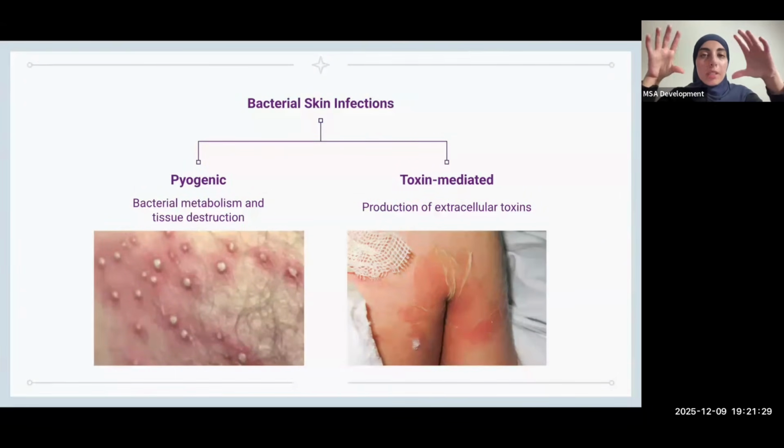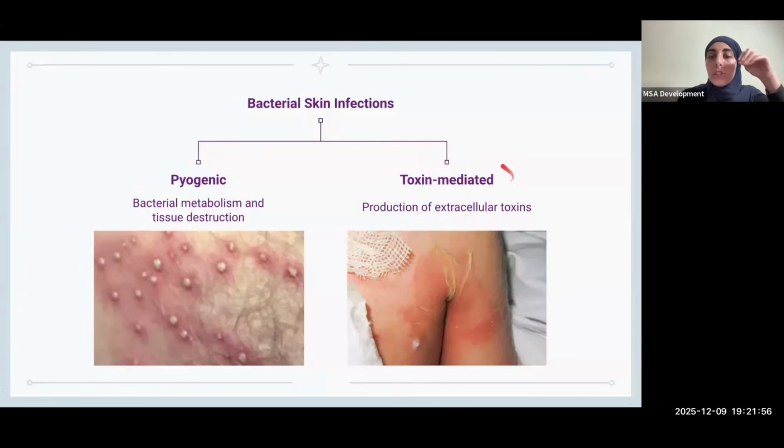In order to have pus, you need the bacteria to be there, metabolizing and destroying the tissue around it, because pus is basically all the cell debris from the dead cells and the dead neutrophils. So you need the bacteria to be there causing all the damage. Okay? So this is a pyogenic infection. It has pus inside, and again, bacteria is present there, causing metabolism and tissue destruction.